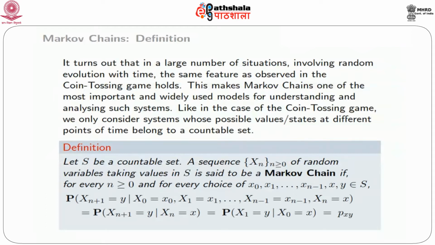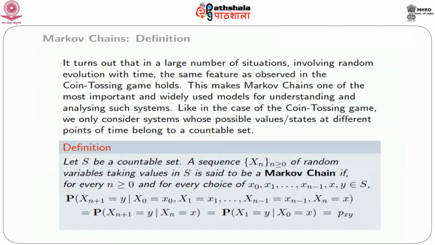It's similar to what we observed in the case of the coin tossing game, namely that for every n greater than or equal to 0 and for every choice of x0, little x1, ..., little xn minus 1, little x and y in S, the conditional probability on the left hand side, which is the conditional probability of Xn plus 1 equal to y, given the values of capital X0, capital X1, etc., all the way up to capital Xn equal to x, turns out to be the same as simply the conditional probability that Xn plus 1 equals y given Xn equals x.